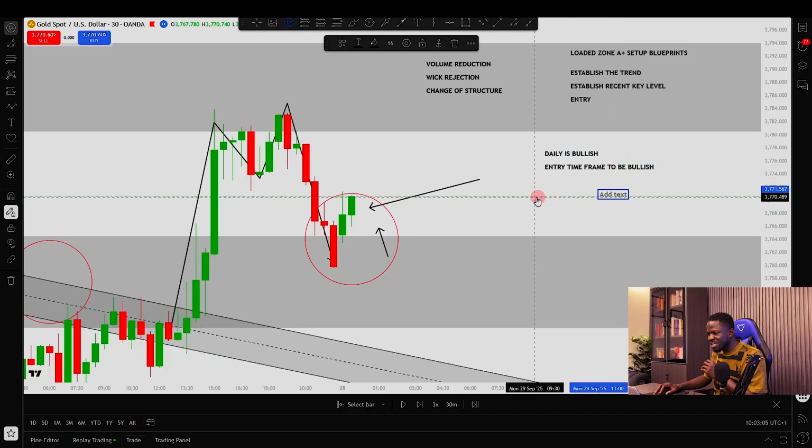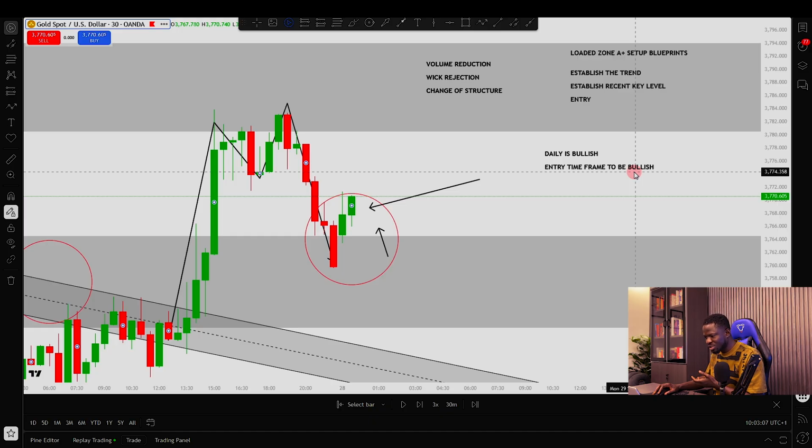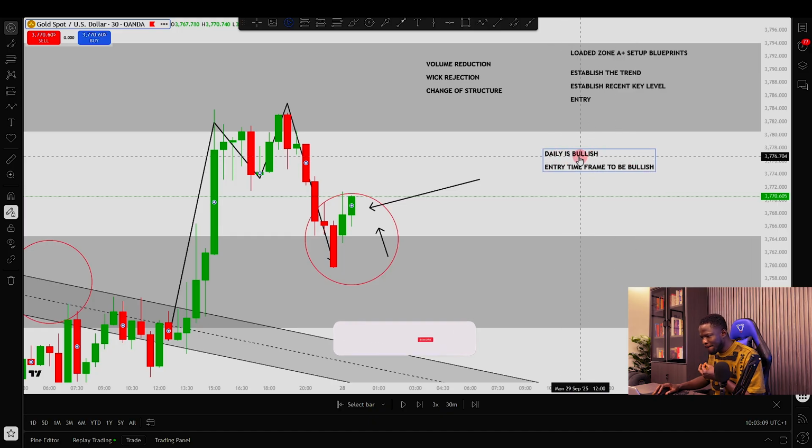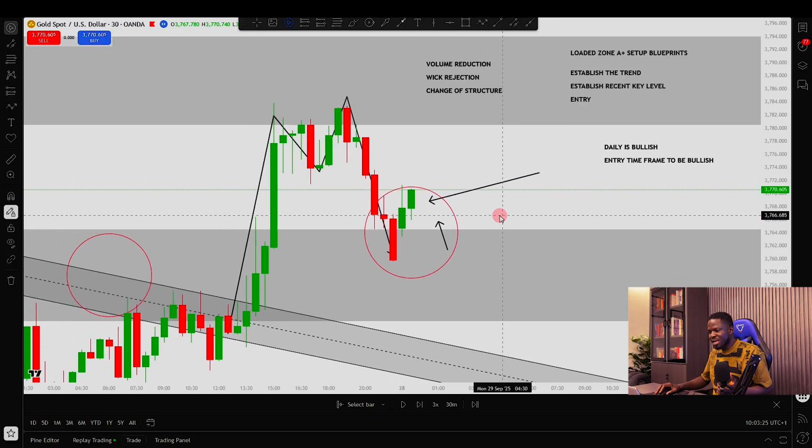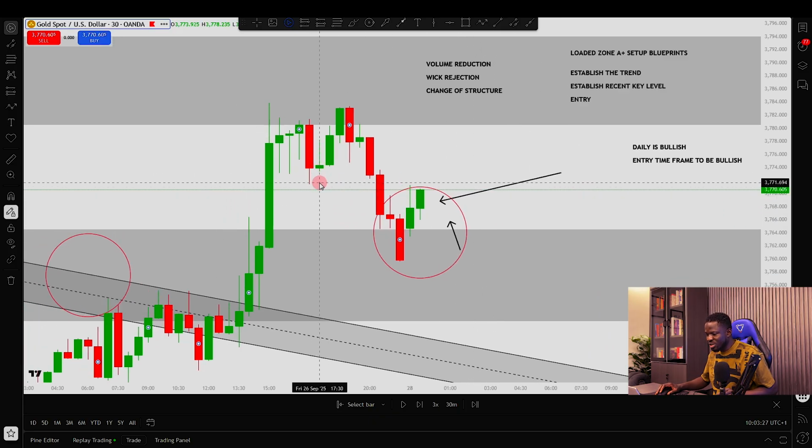So if our entry time frame is bearish against the bullish sentiment on the daily time frame, we are not going to execute until the price action on the 30-minute time frame changes the structure back to bullish structure to align with the sentiment on the daily time frame. Right now we can't take any trade, so we are waiting for the last blueprint in our loaded zone A plus setup to play out, which is change of structure.